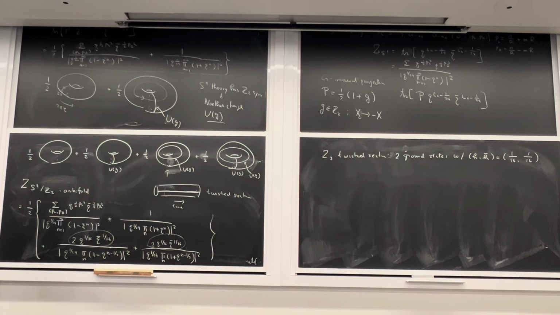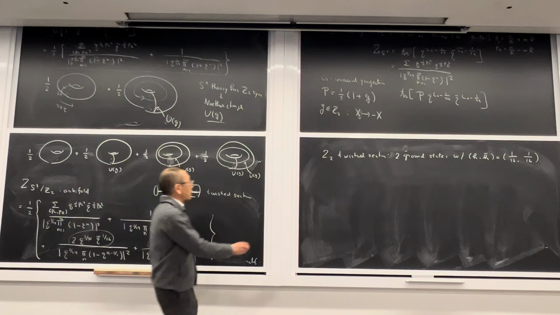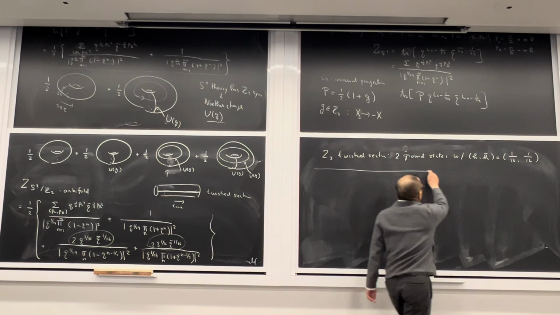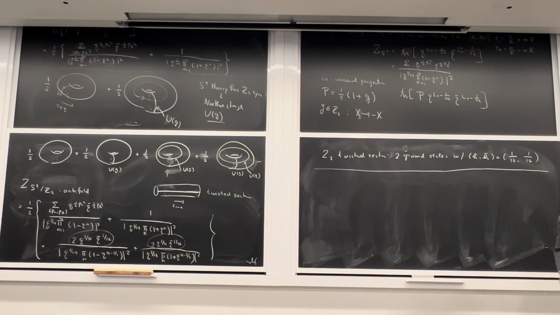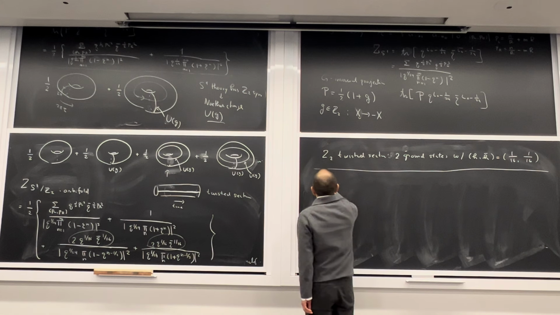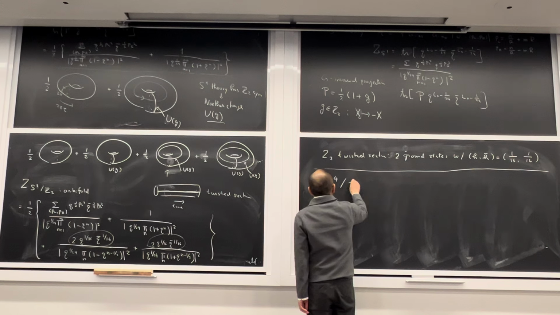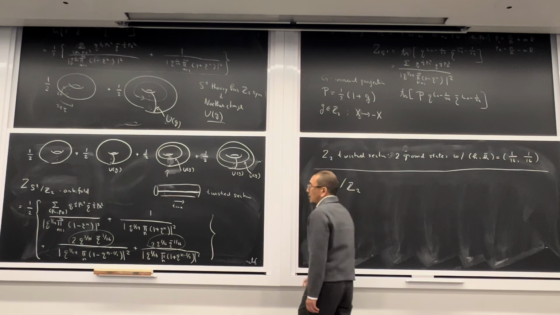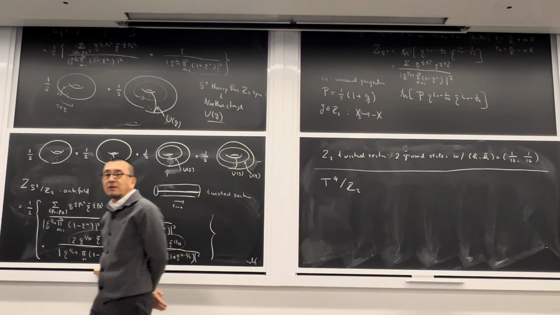So I guess in the remaining 10 minutes, I want to say one more thing, which is that we can easily generalize this for other objects. So far I just considered the case when the target space is S1, but we can also consider this for more general spaces. For example, one of the simplest interesting cases is T4 over Z2.